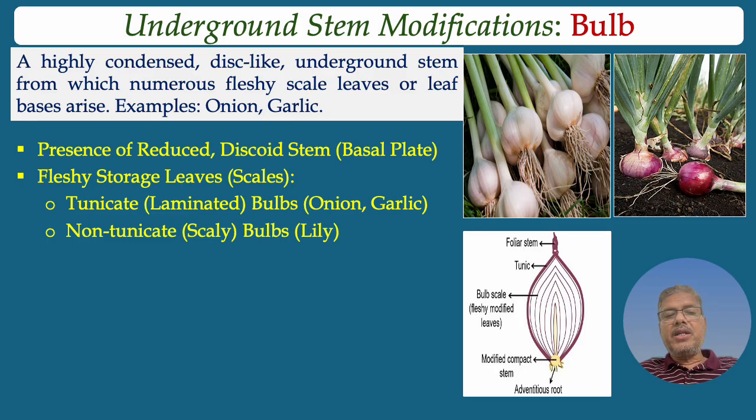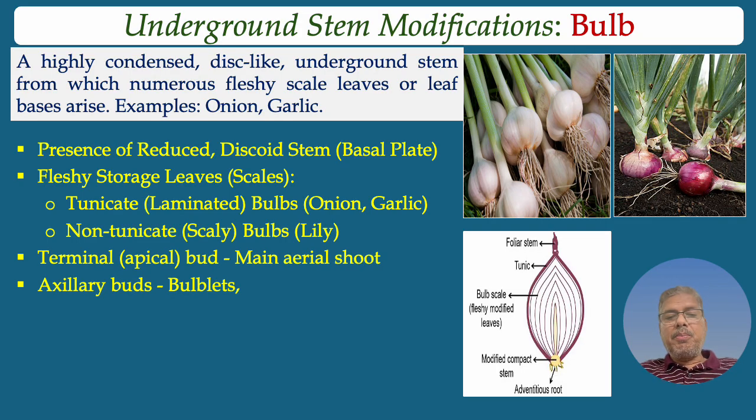These have a dry, papery outer layer that protects the inner fleshy scales, which are arranged in continuous concentric rings. Examples are onion and garlic. Non-tunicate bulbs lack the protective outer tunic and have loosely arranged overlapping fleshy leaves, making them appear more scaly. An example is lily.